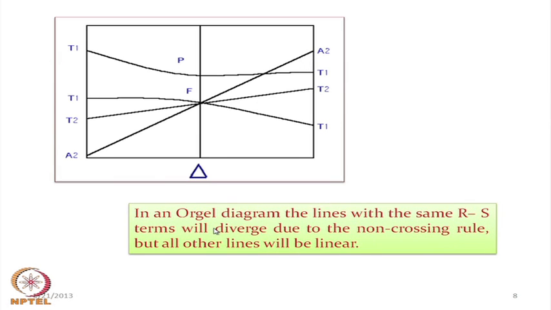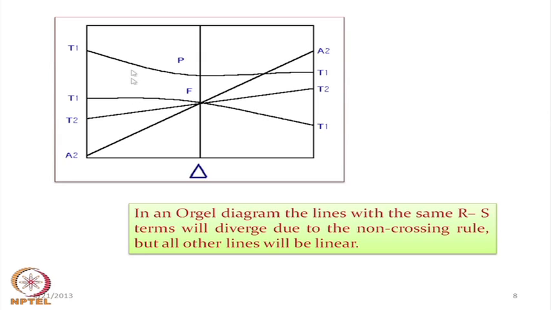So, what we find in this diagram is that in an Orgel diagram the lines with the same RS term will diverge due to the non-crossing rule. Since they are not able to cross in some positions, we have the non-crossing rule, but all other lines will be basically linear.